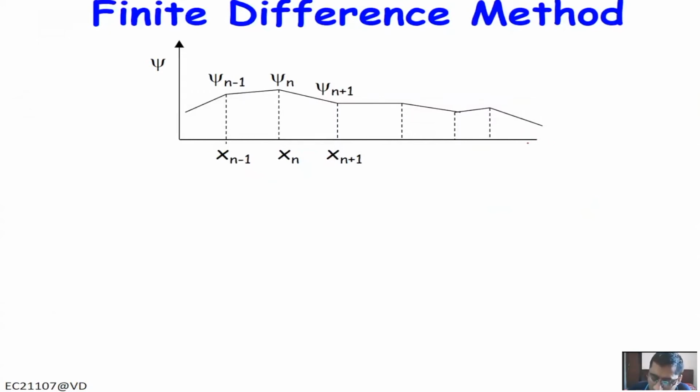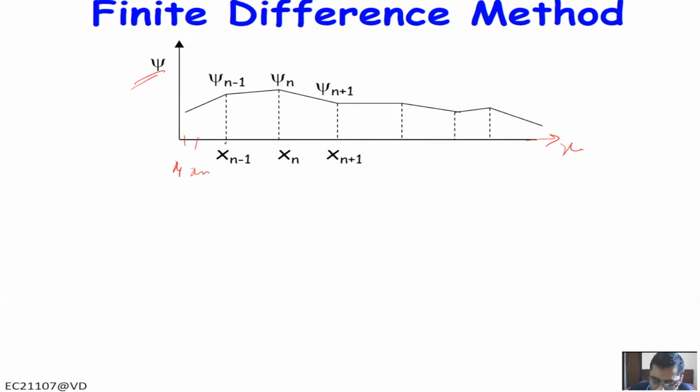So let's consider the 1D case. This is the x-axis and this is your wave function. The first thing we do is discretize the space. So this is x1, x2, similarly the point xn, xn plus 1, like that.